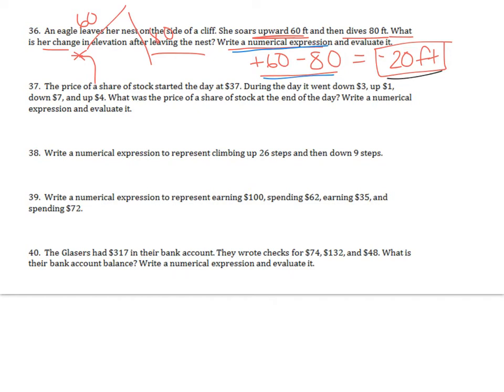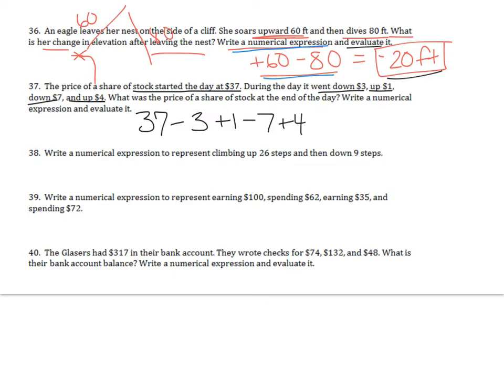This is it evaluated. 37. The price of a stock started at 37. So that's initial. It went down 3, up 1, down 7, up 4.